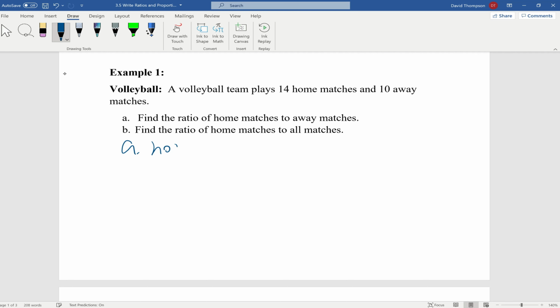Home to away, and that's just, there's 14 home matches, 10 away matches. Simplify the fraction. Just divide everything by 2. And that's going to give me 7 to 5.